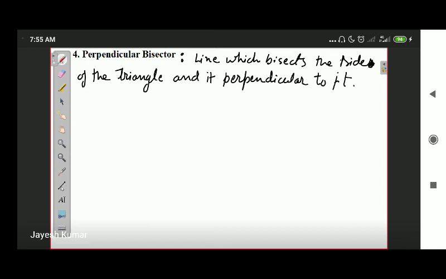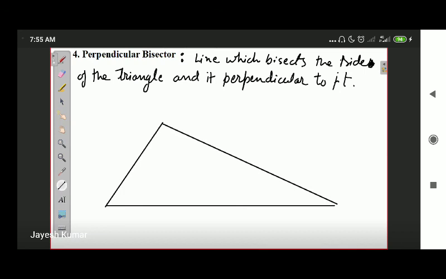So once again, let me draw a triangle for you. This is a triangle, and let us now draw perpendicular bisectors. Somewhere here is a midpoint, so this will be the perpendicular bisector. For this side, somewhere here will be the midpoint, so the perpendicular bisector is like this.